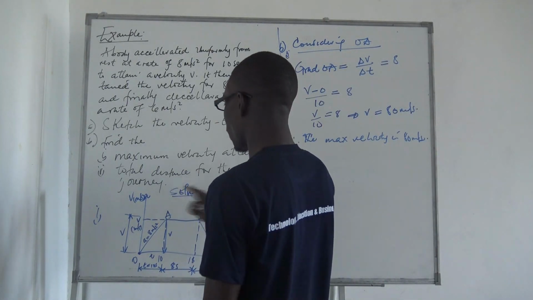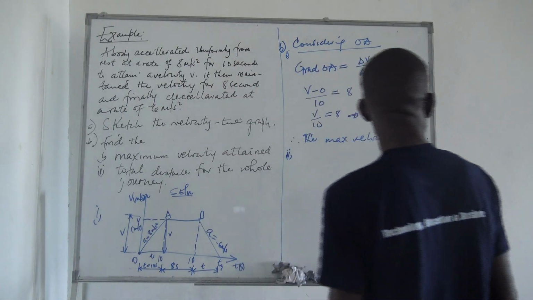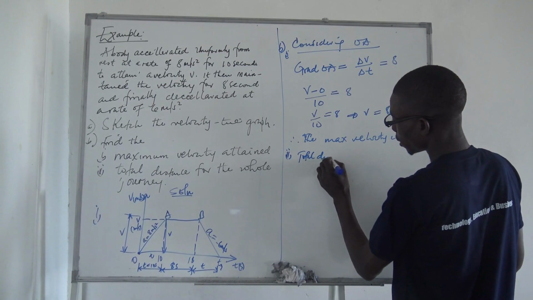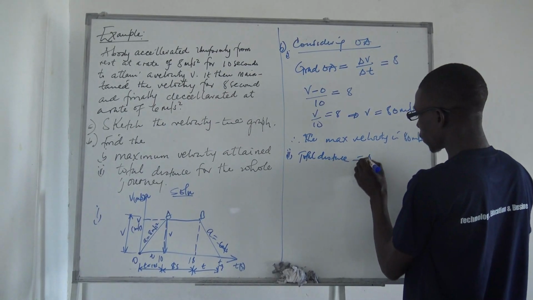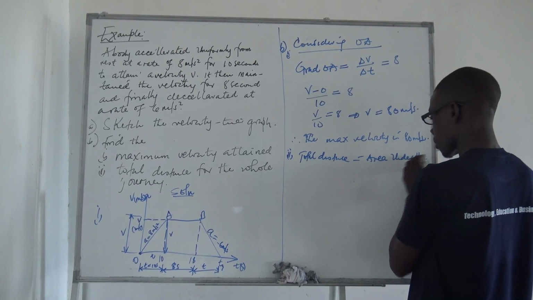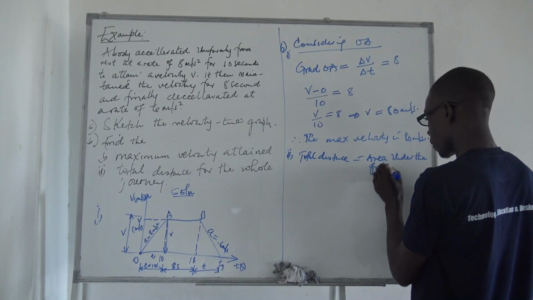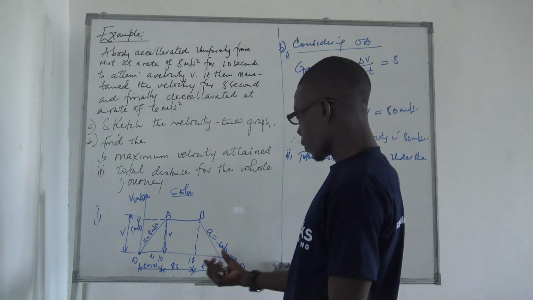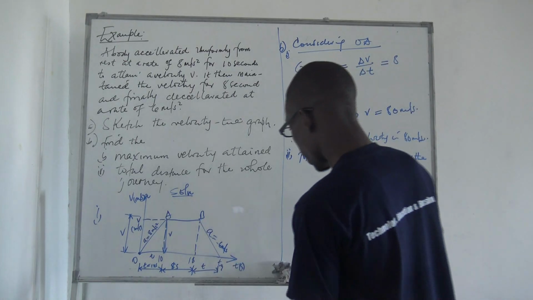How now do you get the total distance for the whole journey? That is area under the graph. Total distance is equal to area under the graph. Okay? But before we get the area under the graph, we need to know which time is here.